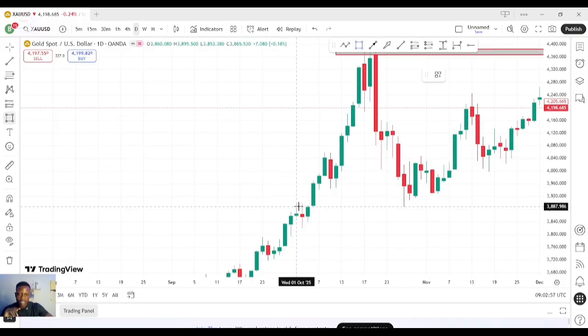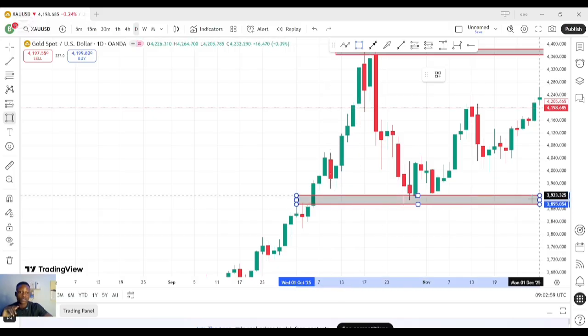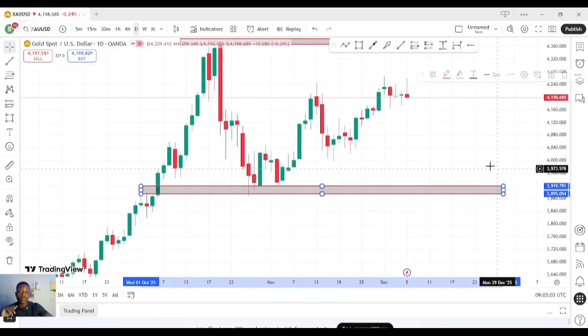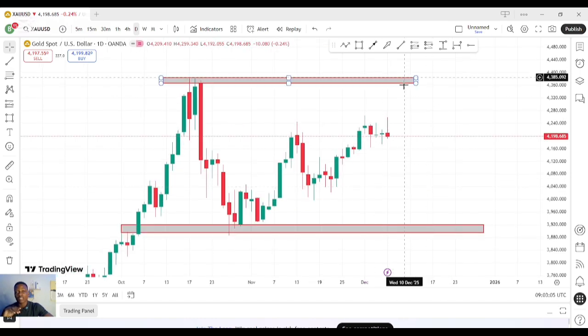This is how you go about your top-down analysis. You do it from the higher time frame, then you go down to the lower time frames, like the 4 hour, and maybe the 1 hour, to mark clean and strong support and resistance levels.